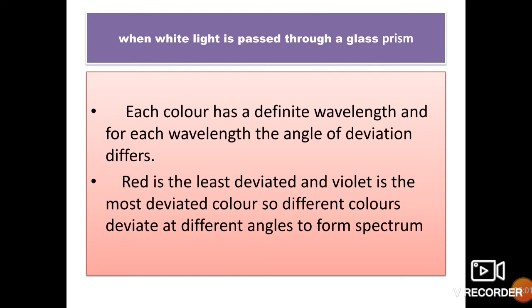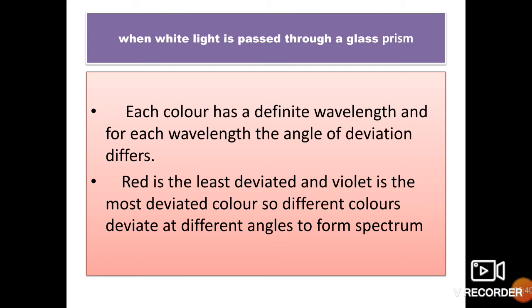When white light is passed through a glass prism, why is a spectrum formed? Each color has a definite wavelength, and for each wavelength, the angle of deviation differs.